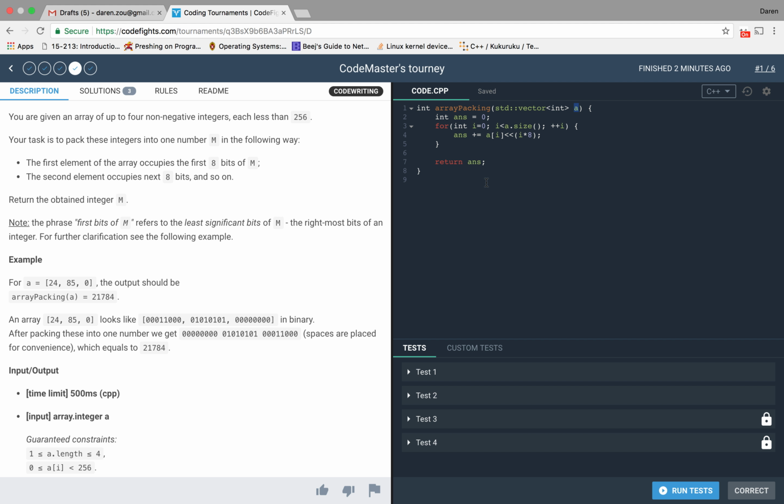But here, basically, you take the value 0 and you just add to it the elements of A shifted by 8, shifted by 16, shifted by 24. So you just shift each value by either 8, 16, or 24, or 0, and add all those shifted values together, and that is your answer.